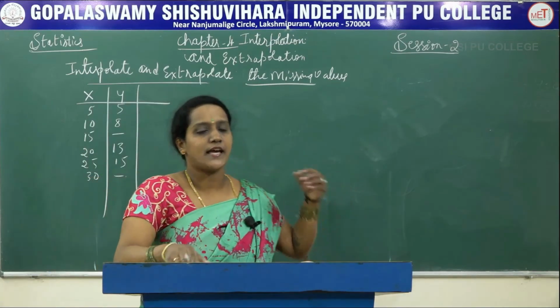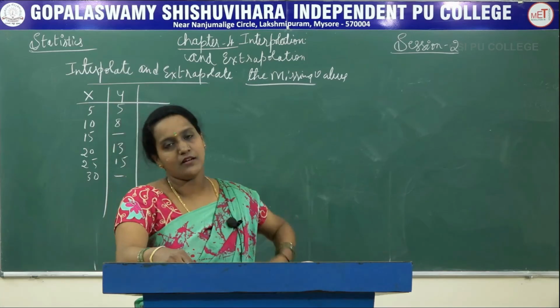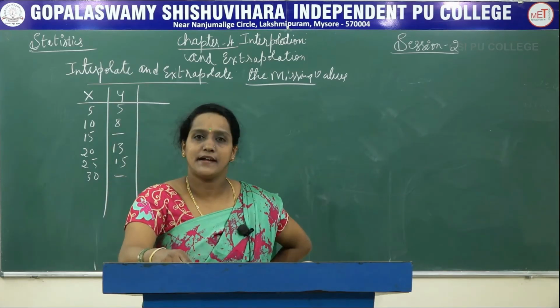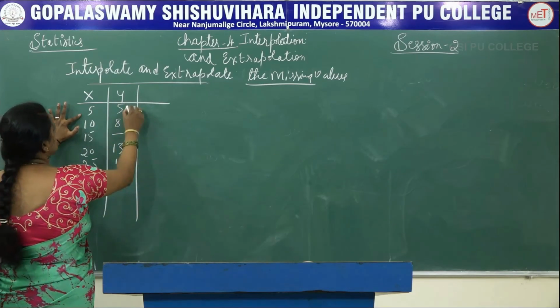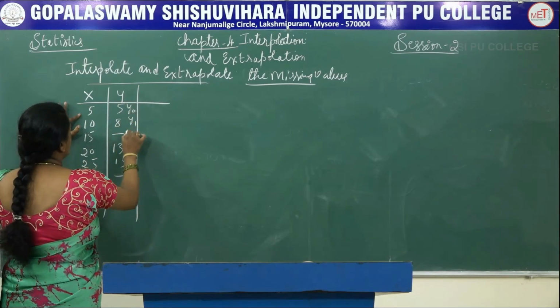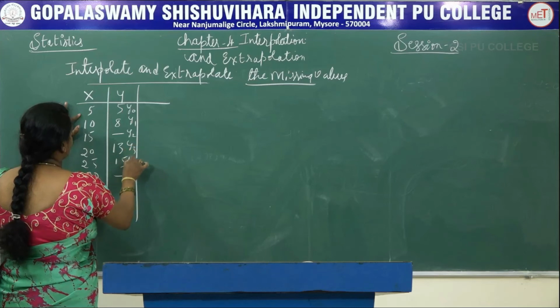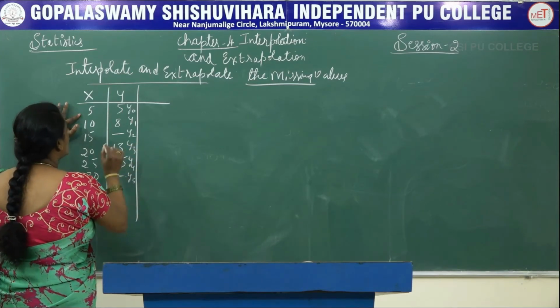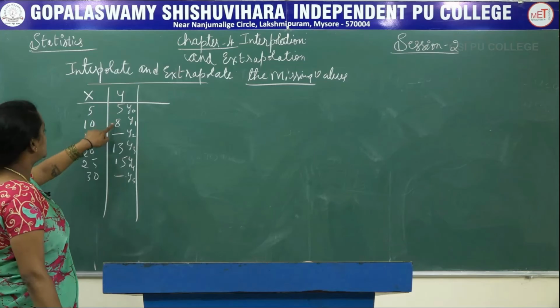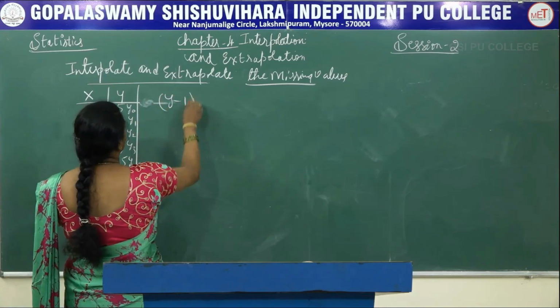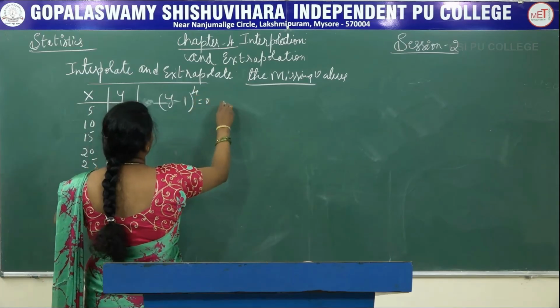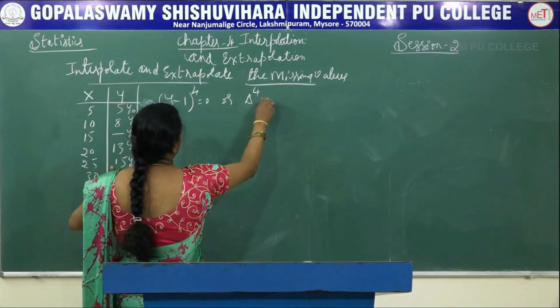See, we know that x is always an independent variable, y is always a dependent variable. So, here these are the y values and I will denote them as y0, y1, y2, y3, y4 and y5. Here the known values are 4 values, so that our (y minus 1) to the power 4 equals 0, or delta power 4 equals 0.